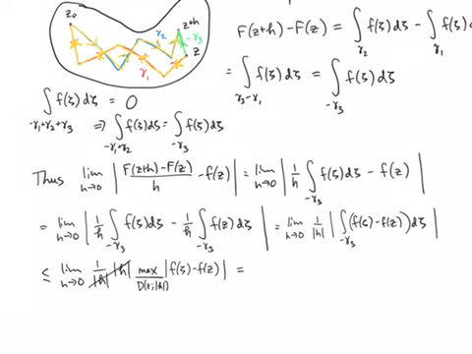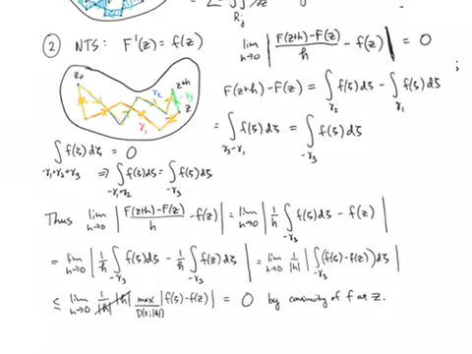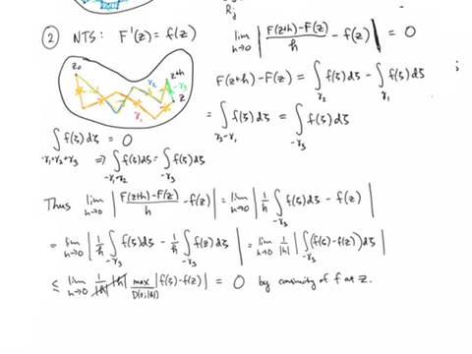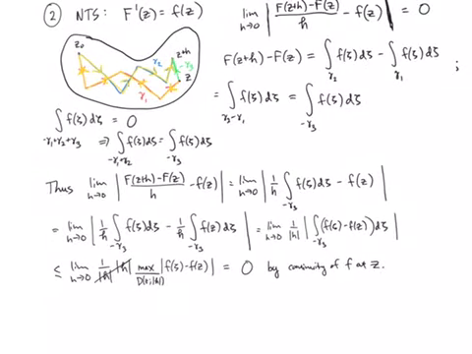And so this is just equal to 0 by continuity of f at z. All right, and so that establishes that F prime is equal to f. Okay, so thus big F prime is equal to f.